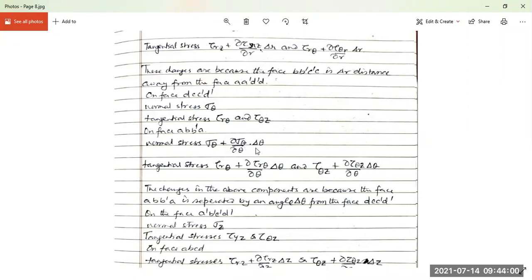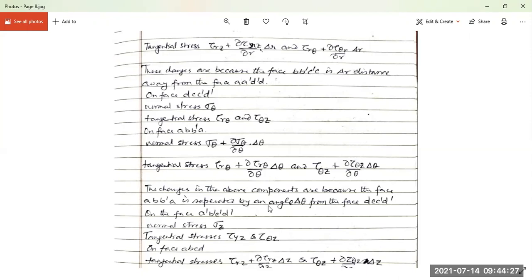This is multiplied by the change in length, that is delta theta. The tangential stress tau here follows the same principle. The original value of the tau, plus the rate of change of this tau with theta, multiplied by the change in length, here is also delta theta itself.